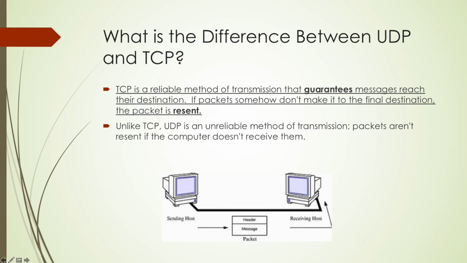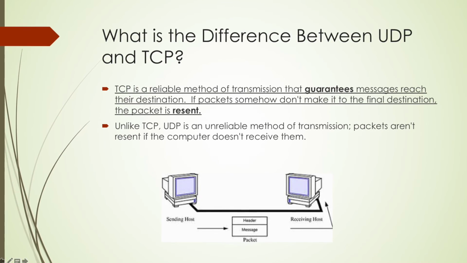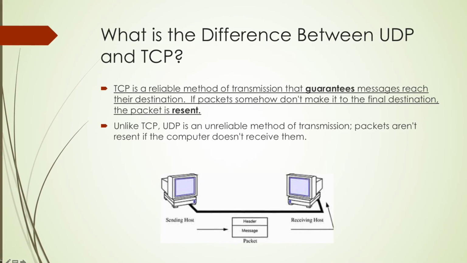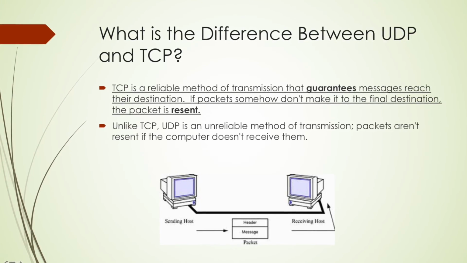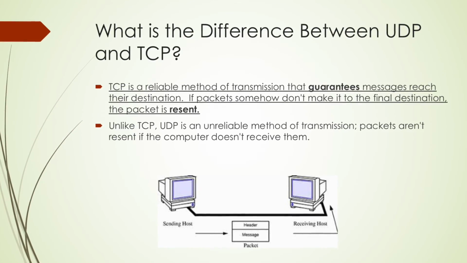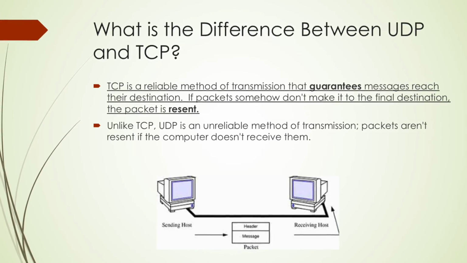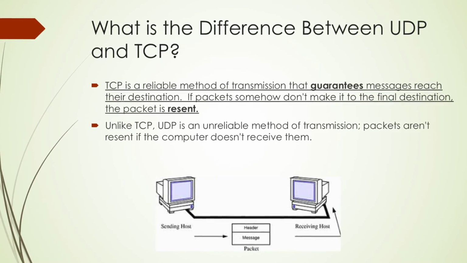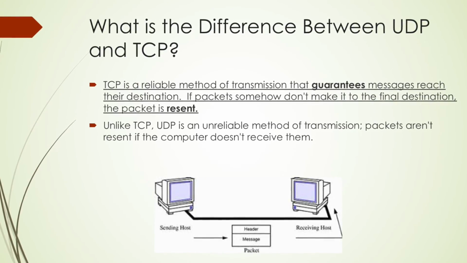So what is the difference between UDP and TCP? So first, TCP, this is a definition on the handout. TCP is a reliable method of transmission that guarantees messages reach their destination. If packets somehow don't make it to the final destination, the packets are resent.